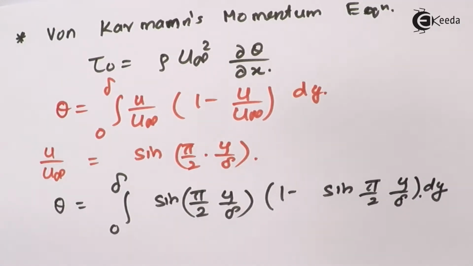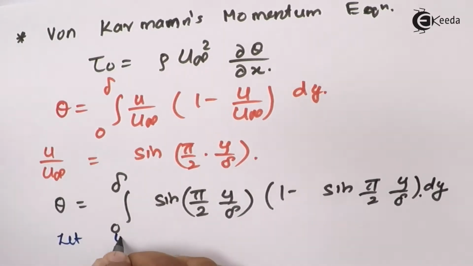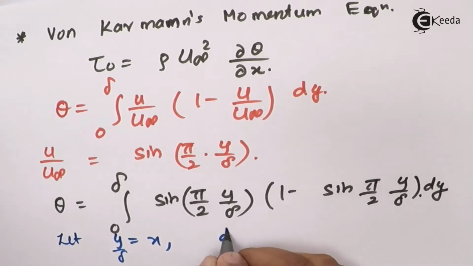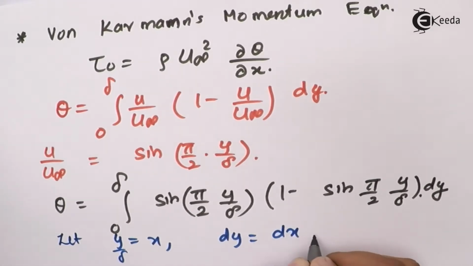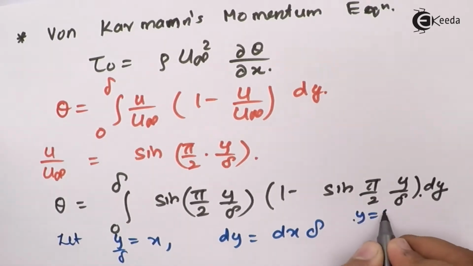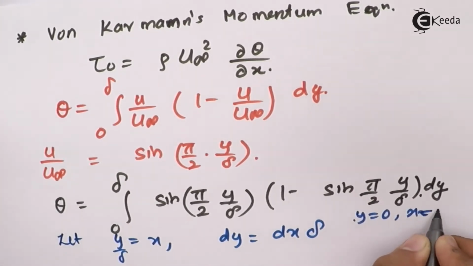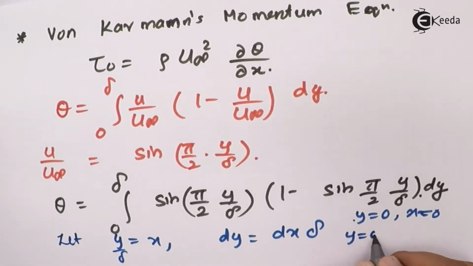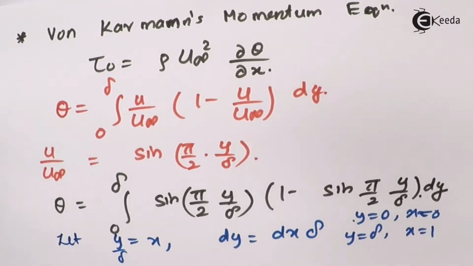Let us use the substitution method over here to solve this integration. So let y by delta equal x. So we'll get dy equal to dx into delta, and when y is equal to 0, x is also equal to 0, and when y is equal to delta, x is equal to 1.